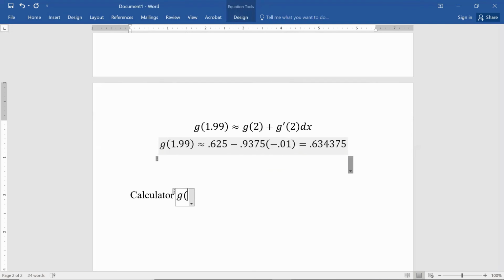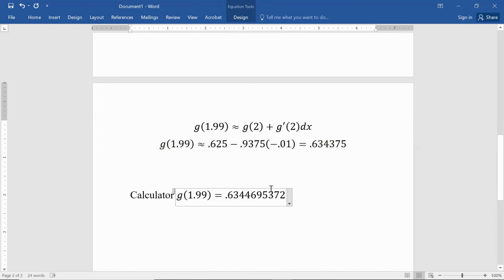And so g of 1.99 becomes 0.6344695372. Again, that's pretty close to what I'm getting.